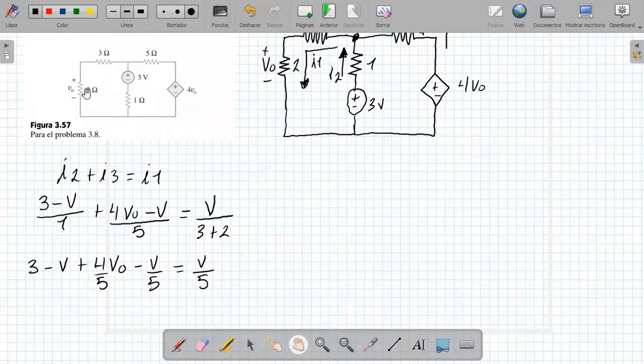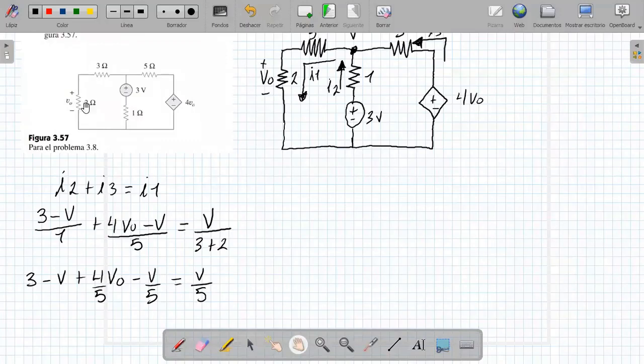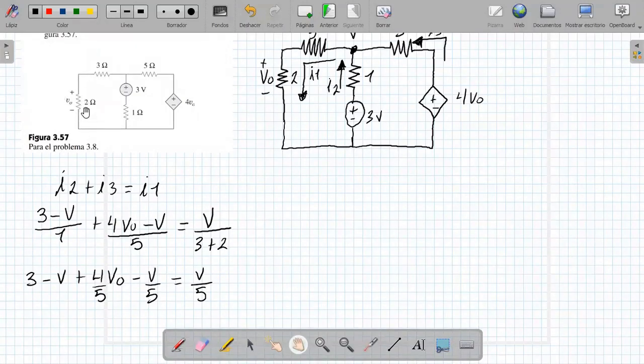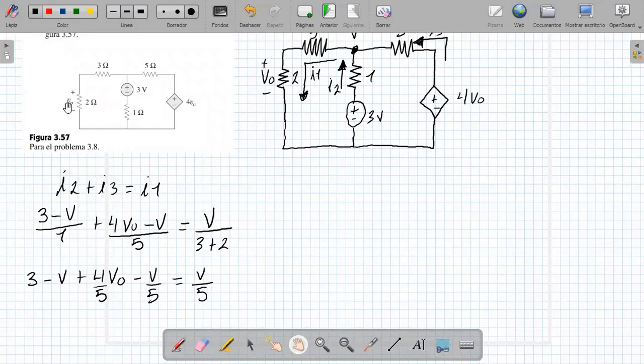So far we have V sub 0 as a voltage divider here, right? In other words, the voltage that exists here in the 2 ohm resistance, V sub 0, is a product because a current comes here and is multiplied by this resistance, so it gives me this voltage.